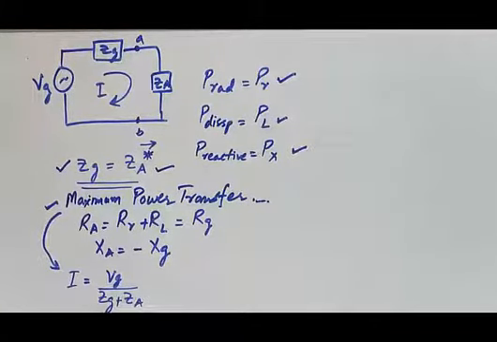And when you solve this Zg plus Za, you get the cancellation of Xa and Xg because we are adding them together, so we are left with only 2 times Rr plus RL.